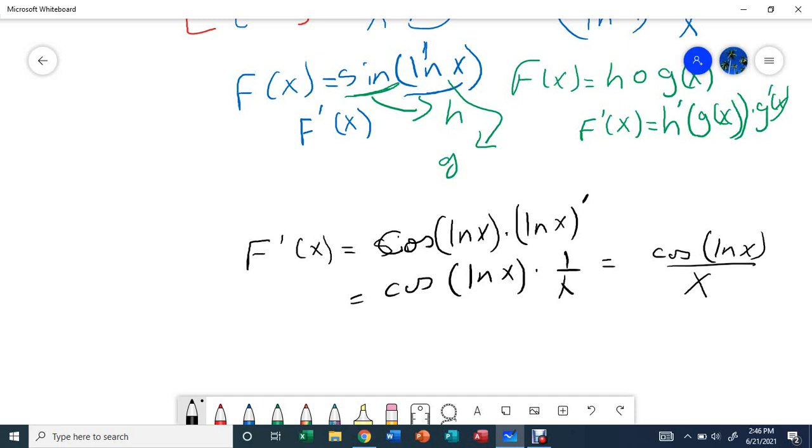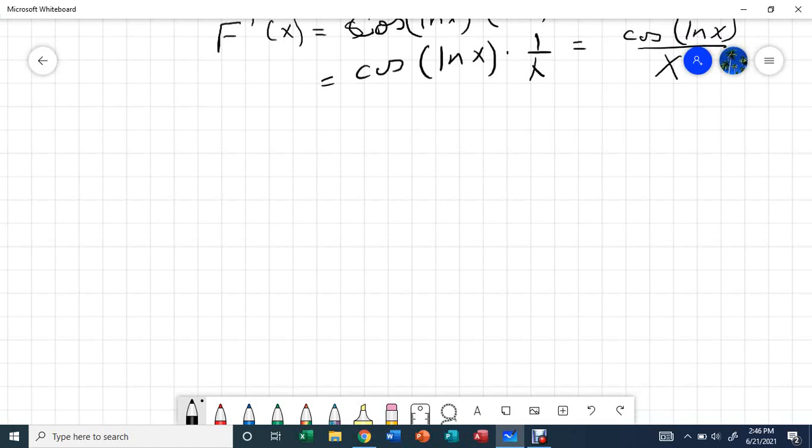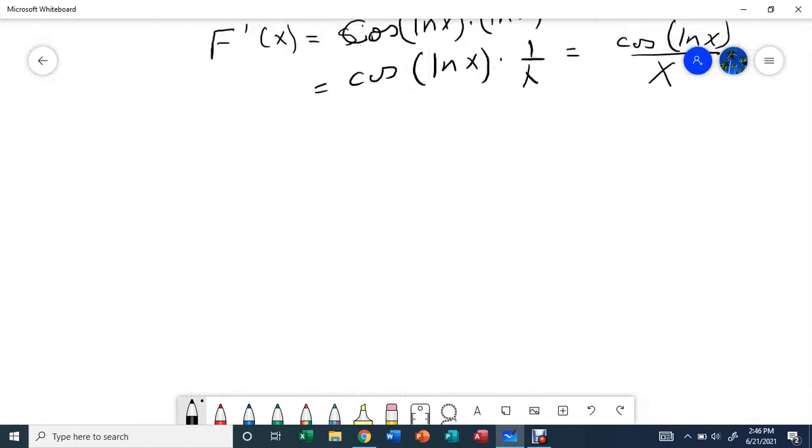Let's do another example just to give you an idea how to do the derivative of log using the rules. Let f of x be ln of 1 over x. So we want to find f prime.